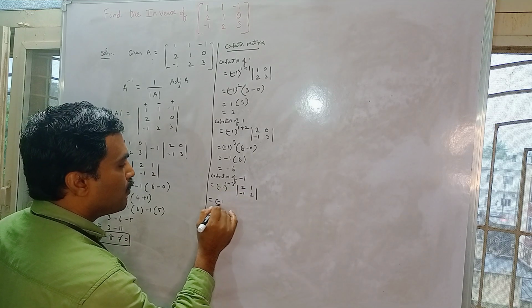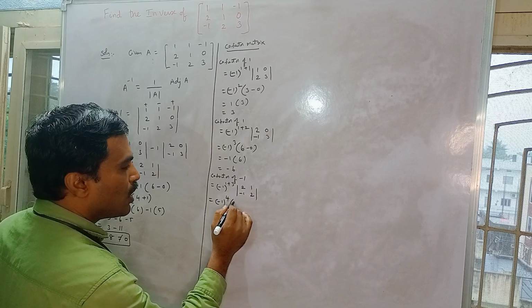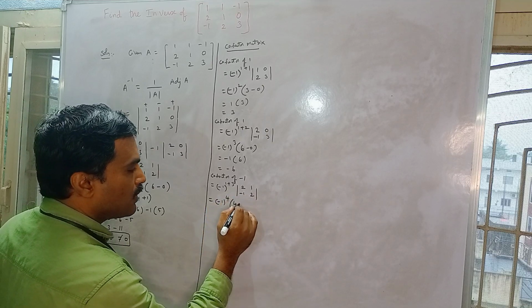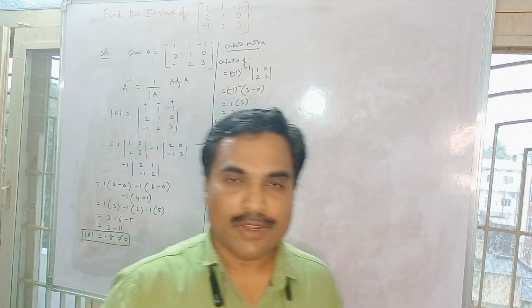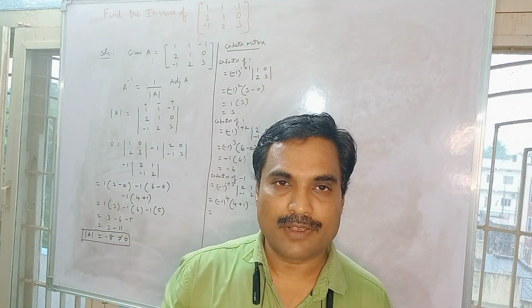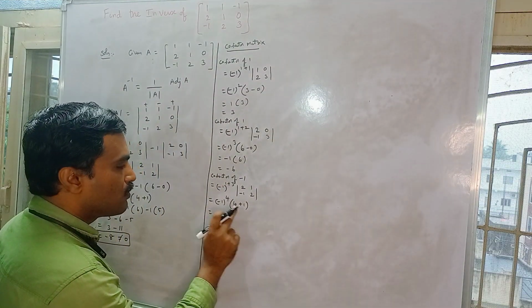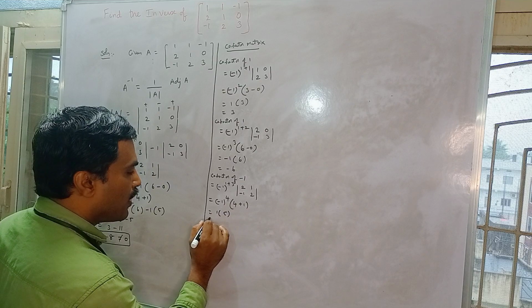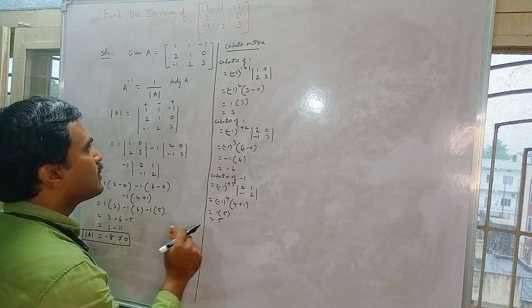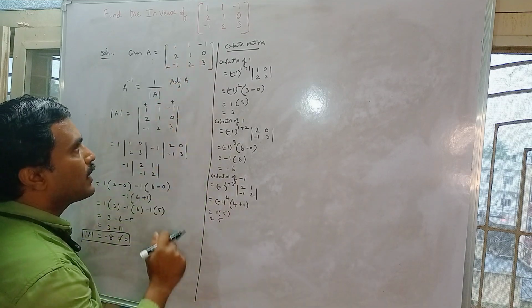So you get (-1) power 4. Now what is 2 times 2? 2 times 2 is 4. So multiply this plus 1. So you get (-1) power 4. As I told you, (-1) power any even number is plus, positive. So plus 1 times 4 plus 1, that is 1 times 5. So 4 plus 1 is 5. So you get 5. Now next thing, the first row is over, we'll go to the second row.